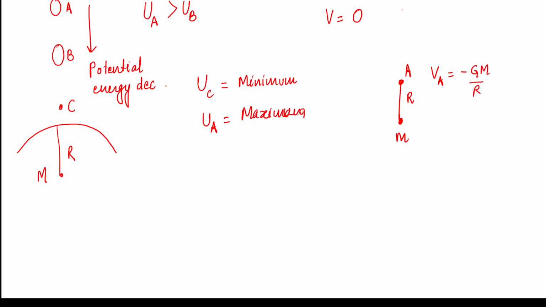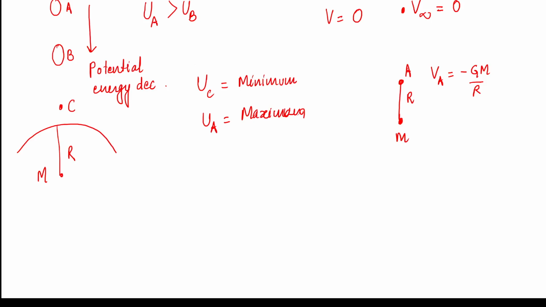And what is the potential at infinity? Let's say infinity is here. This is the symbol for infinity, in case you don't know. The potential at infinity is 0, because it is easier to handle 0 than infinity. So obviously negative is smaller. As you come closer to point A, the potential decreases and becomes negative. So potential comes from potential energy.